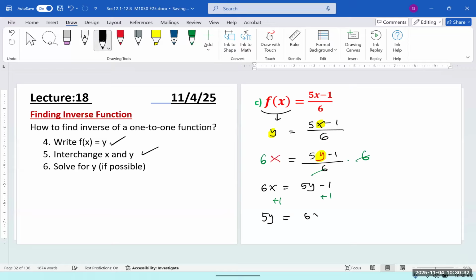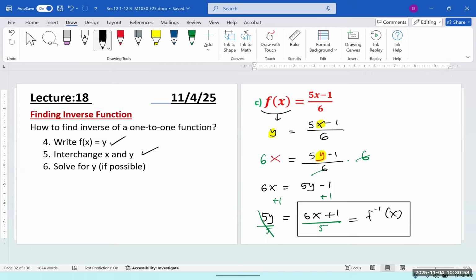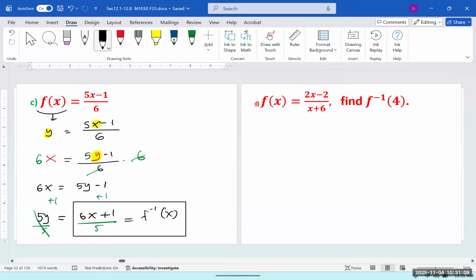So 5y equals 6x plus 1. Divided by 5, divided by 5. Whatever we have here, that's f inverse of x. Easy, right? They were swapped, like the 5x minus 1 will be the denominator. Okay, one example.